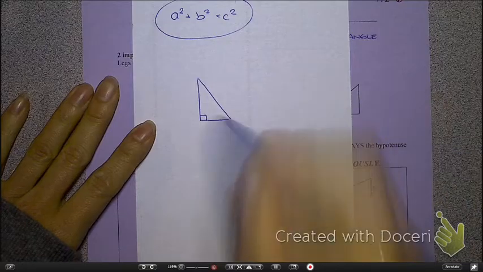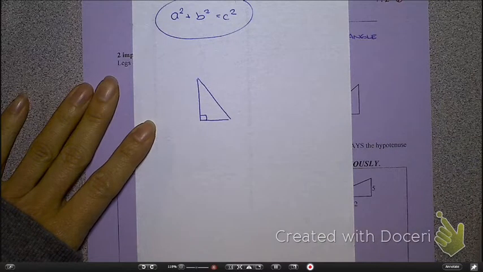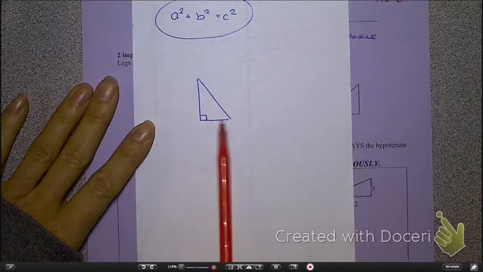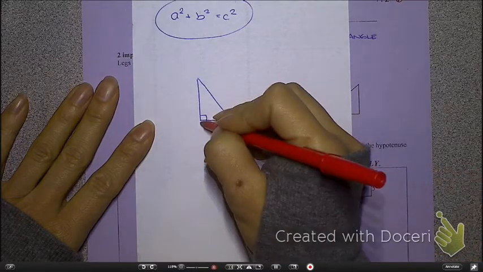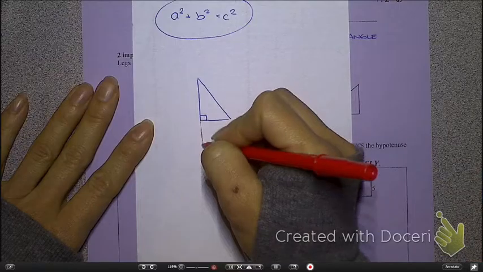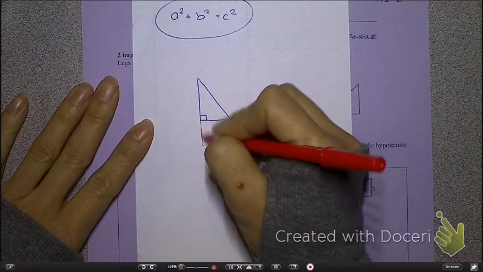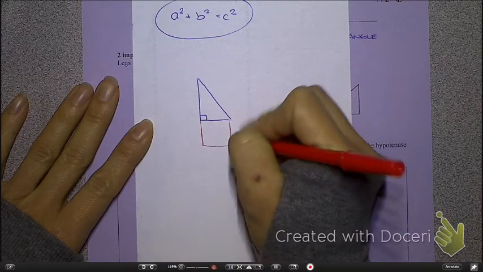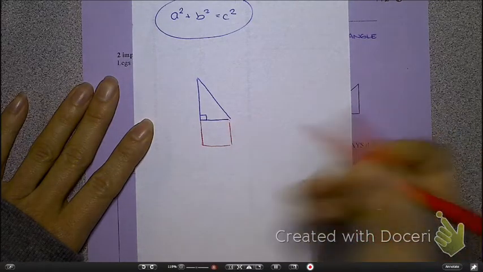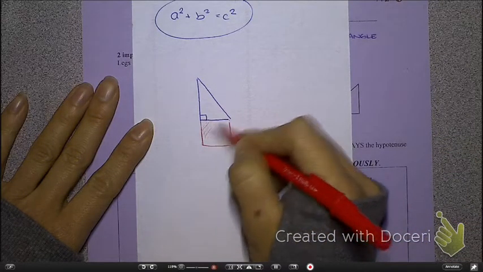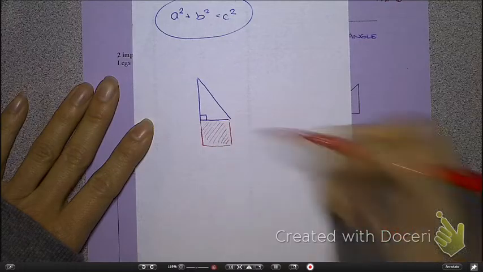Now, this formula comes from the fact that in any right triangle, no matter how big it is, if I were to measure this side, this leg right here, and make a square off of this side, and one of the properties of squares is all the sides are the same length, right? And then I were to find the area of this square, I would get a number, right?